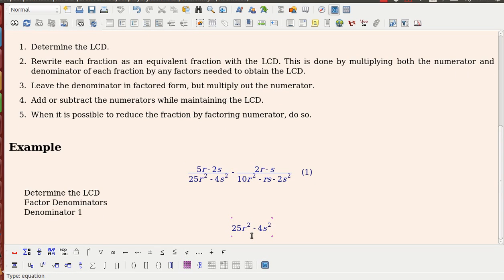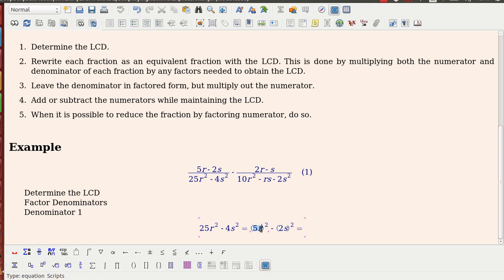This is factored as a difference of squares. 25r squared could be 5r to the second power, minus 2s to the second power, and this is a difference of squares.